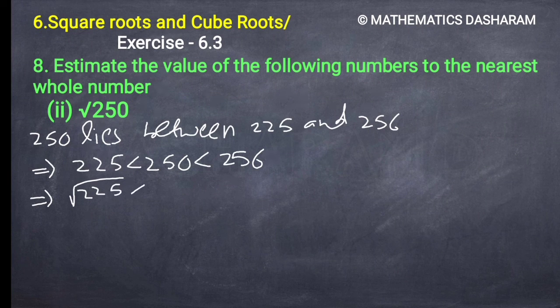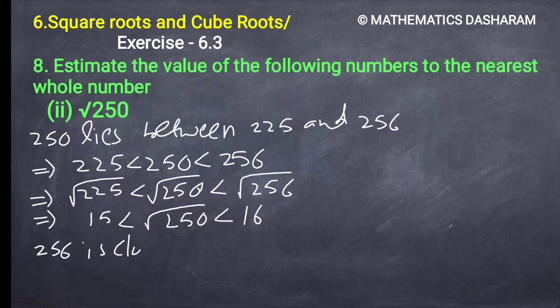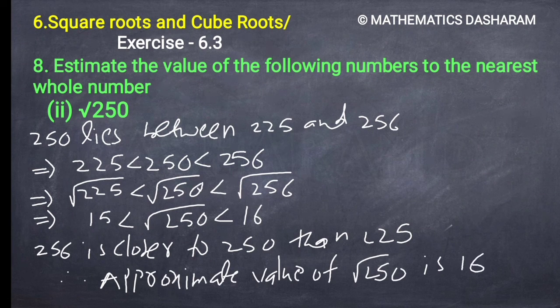Square root of 225 is 15, less than square root of 250, less than square root of 256 which is 16. But here 256 is closer to 250 than 225. Therefore the approximate value of root 250 is 16.